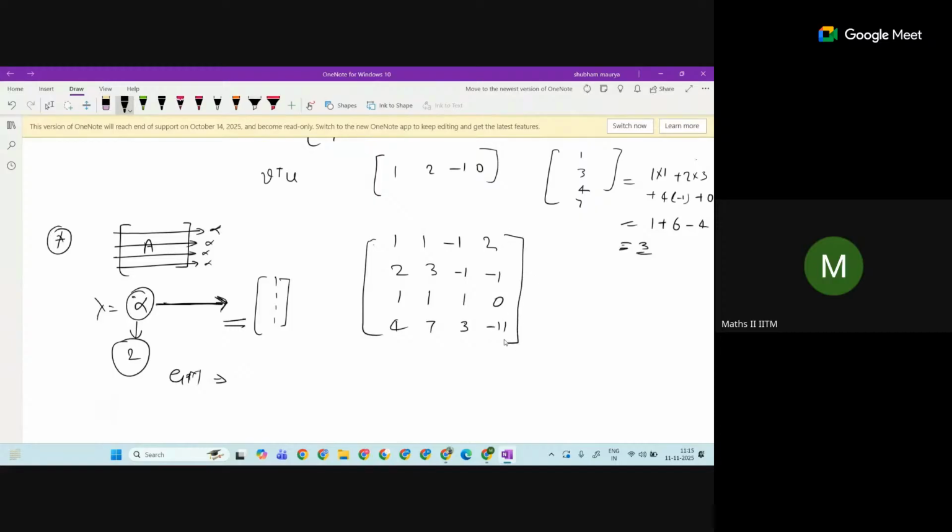See, this is the matrix we have. I took a very strange, very different matrix. Can anyone tell what special case is happening here?